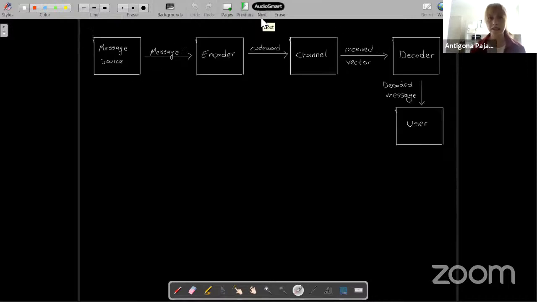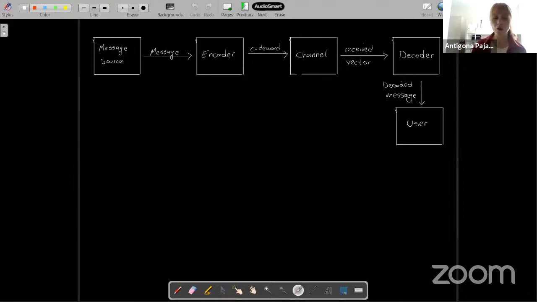So the main idea is that we have the message. So we have the message source here. We take the message from this box and we send it to the encoder. The encoder encodes it as a code word, and then it sends it to the channel. Now, the channel can be a telephone, it can be a radio link, or it can be a satellite communication. So sometimes it can be noisy.